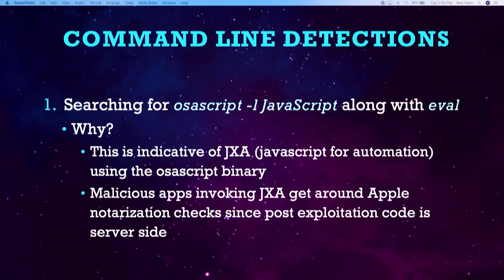Going back to osascript, one of the interesting uses for me is when you feed it -l, which is the language parameter, JavaScript. The background of why it's useful: AppleScript for the longest time on macOS has been the preferred way to do automation.